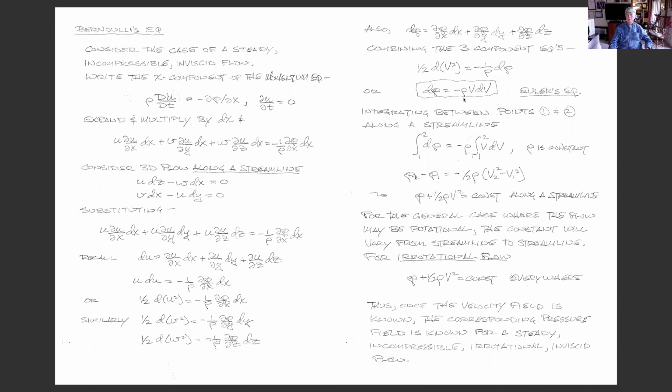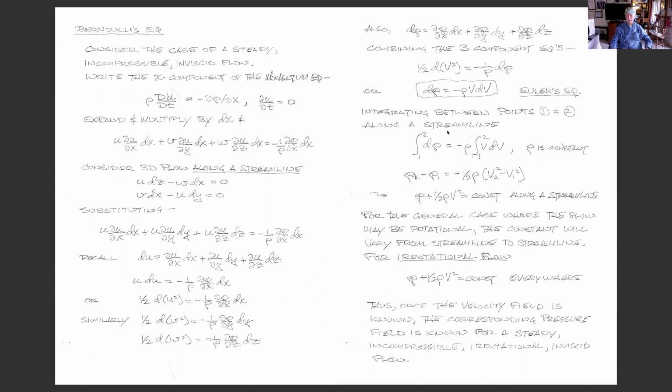Or dp is minus rho v dv. Now, this is valid in this steady, incompressible, inviscid flow. And now we can integrate this equation from a point 1 to 2 along a streamline.